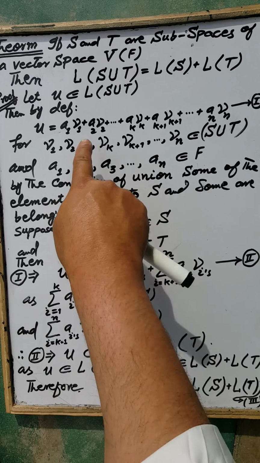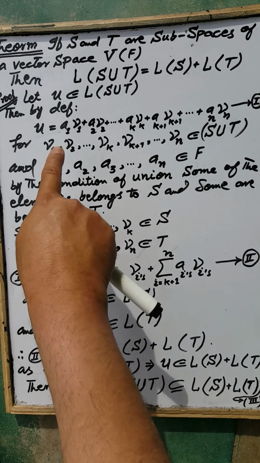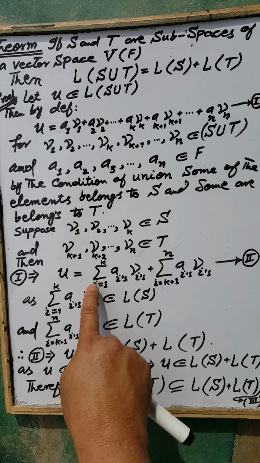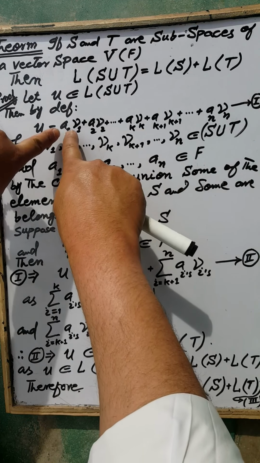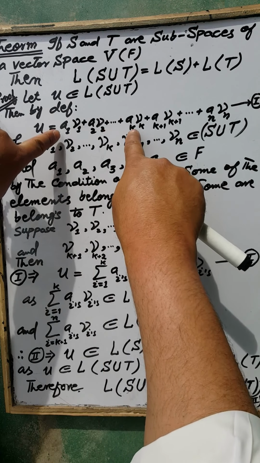Then the first equation can be written in the form of the summation of ai vi from i equals 1 up to k, that is from a1 v1 up to ak vk.